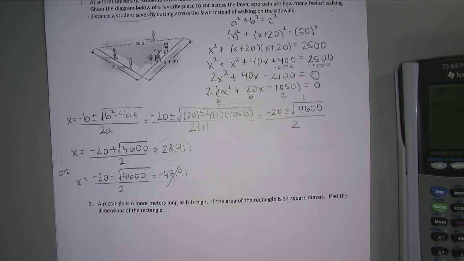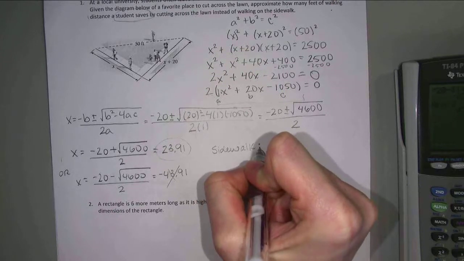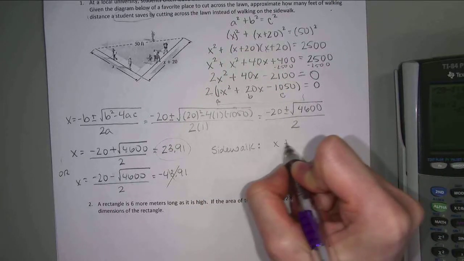So the 2 steps we need to do is we need to plug x in to see how much you would be walking if you walk the sidewalk, okay? So get a total distance for the sidewalk that we're going to walk. And then we'll subtract 50 to see how much we save, okay? So the sidewalk, guys, is what? Well, that was x plus 20.